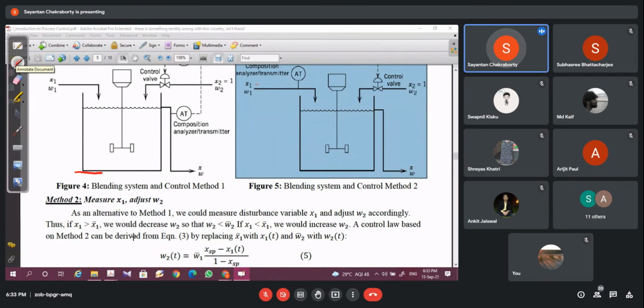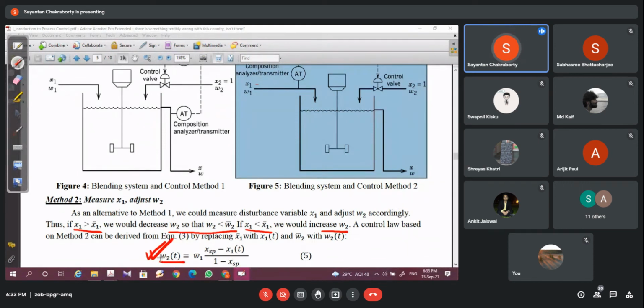If x1 is greater than x1 bar, then what do we have to do? We have to decrease W2. So W2 is less than W2 bar. And if x1 is less than x1 bar, then increase W2. This is a very simple logic that we already developed. Based on that, this will be the control law.